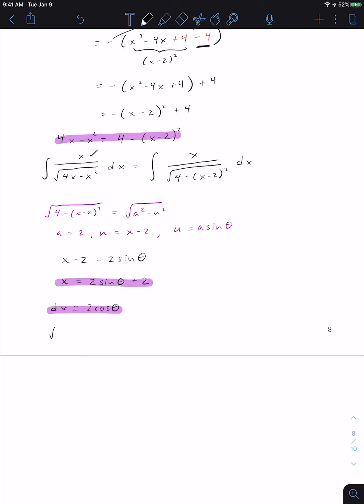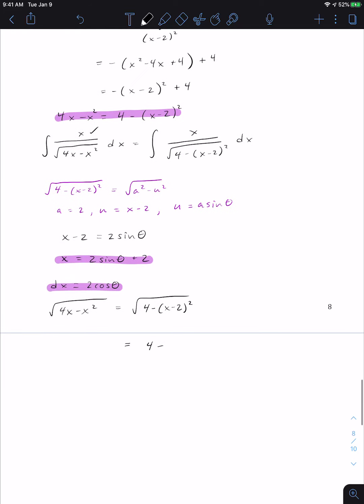And then now we've got the square root of 4x minus x squared. Well, again, we said that by completing the square that was equal to 4 minus (x minus 2) squared. So 4 minus, what did we say x minus 2 was? x minus 2 we replaced with 2 sine theta, squared, right? So this is 4 minus 4 sine squared theta.